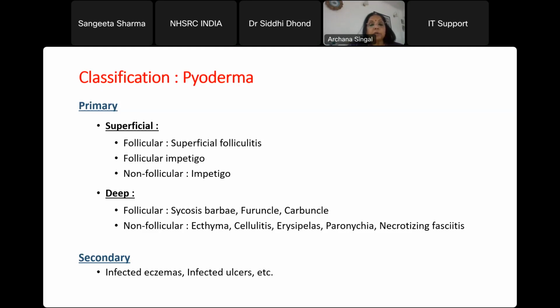And non-follicular will include ecthyma, cellulitis, erysipelas, and paronychia, which is the inflammation of the nail fold, and necrotizing fasciitis, which is a medical and surgical emergency. And then there can be secondary pyoderma, which means that there is some already existent skin condition, which can be eczema or atopic dermatitis or ulcer, and it gets secondarily infected by the bacteria.